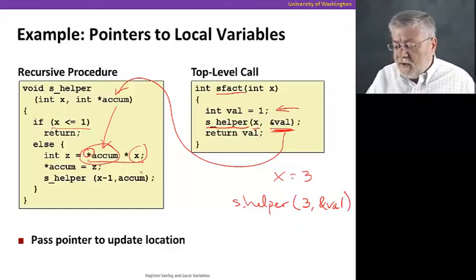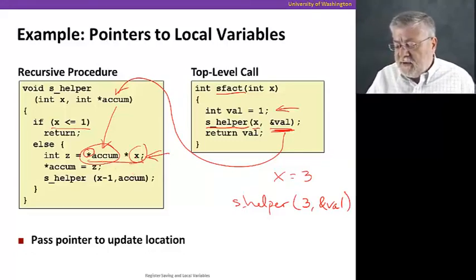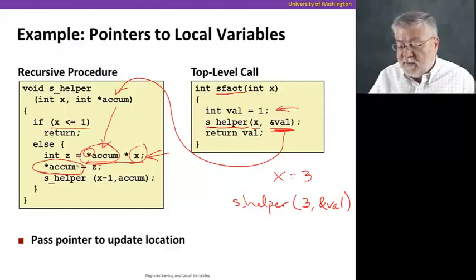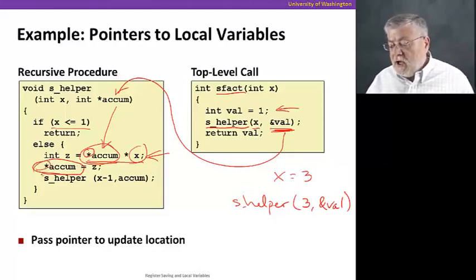So when we come to the shelper procedure, what we'll find is that x is 3 and the value stored at the address of val is 1, so we'll do a multiply 1 times 3 and store that back into that address we were passed as an argument, again by using the dereference operator. Now val is going to be equal to 3.